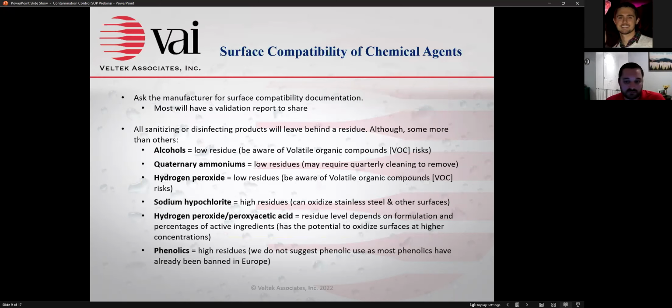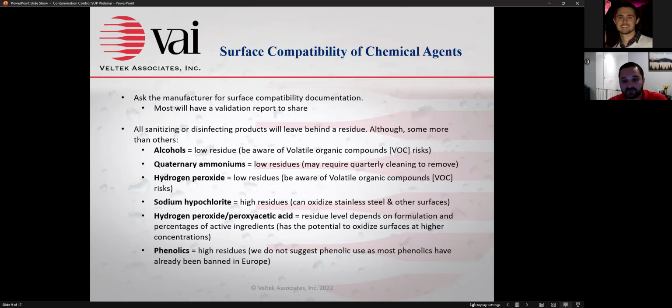If they're a manufacturer that deals with the clean room space, just because of how sensitive that space is, they'll most likely have a validation report and a study that they can provide you showing the compatibility of their chemicals on common surfaces that are used in the clean room. So start there, ask your distributor if they can get it from the manufacturer, or reach out to the manufacturer directly. They should have something. That being said, all sanitizers and disinfectants do leave behind a residue.